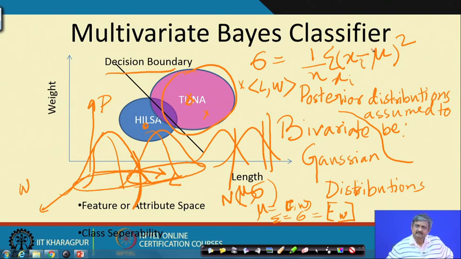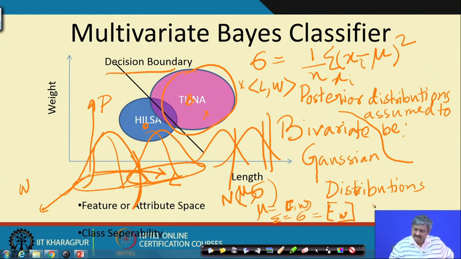It measures the spread of the distribution, whereas mu measures the central location of the distribution. If I have a bivariate, sigma is no longer a scalar, it is a matrix.